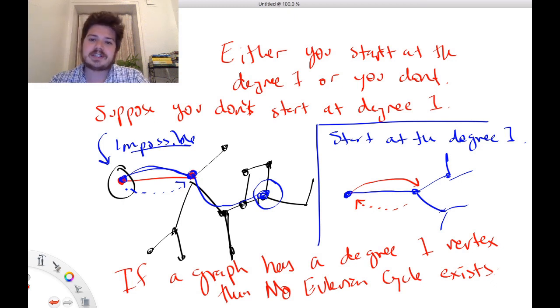It's going to be more general than just degree 1. This is a pretty basic one to see, but we can generalize it a bit more. It's going to be a similar argument. There's this idea of going to a vertex and going away from a vertex, and it will depend on the degree, it will turn out, if an Eulerian path exists. So that's where we'll start next time.